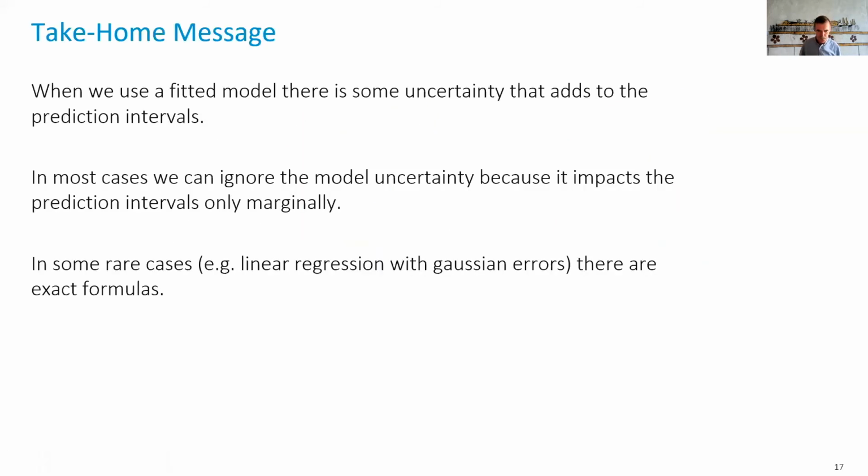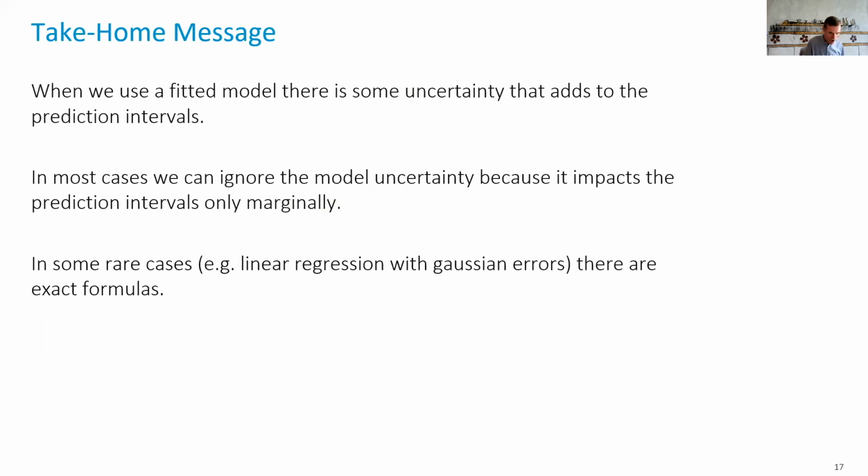So, take-home message: when we use a fitted model, there's some uncertainty that adds to the prediction interval. In most reasonable cases, that is when the model is fitted on a reasonable number of data points, the model uncertainty is the major source of the prediction uncertainty, and therefore that justifies the common practice of ignoring the estimation uncertainty in the prediction.